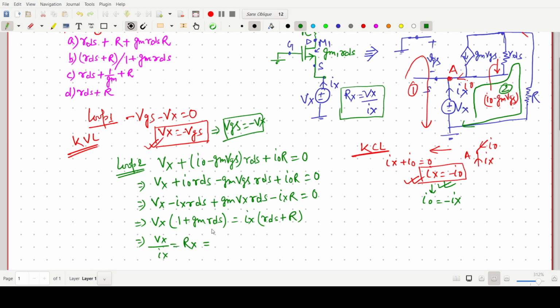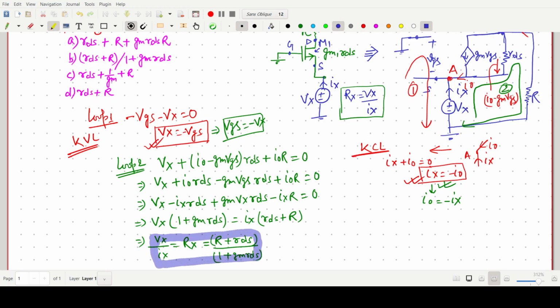So Vx by Ix should be R plus RDS divided by 1 plus Gm RDS. So this one is nothing but simply our Norton equivalent resistance.